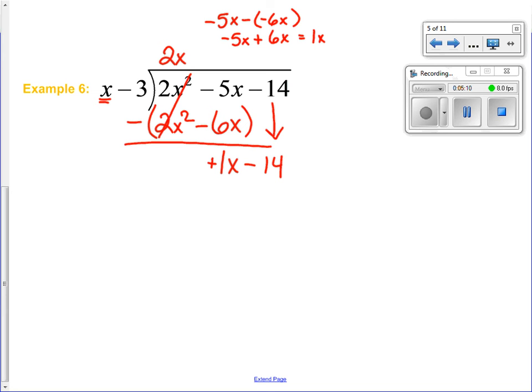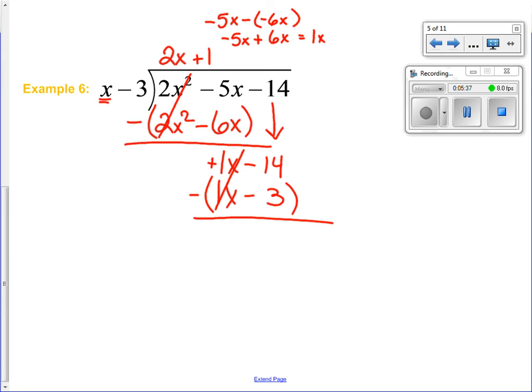Well, for x to get 1x, I only need to multiply by 1. Alright, so 1x times x will be positive 1x, and 1 times negative 3 is negative 3. And again, we're going to subtract. So 1x minus 1x, that term will cancel out because that will leave us with 0.